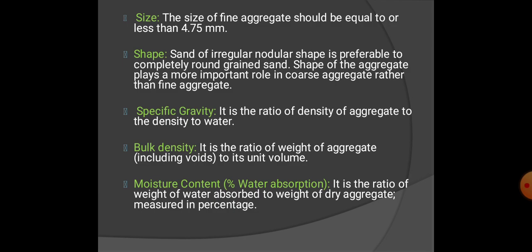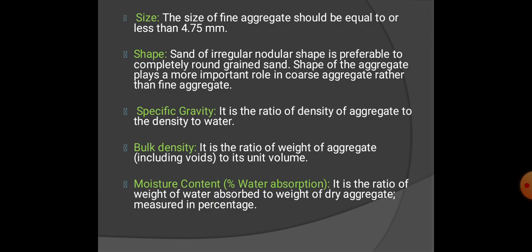That means this refers to the density of aggregate considered along with the volume of voids or empty space between the particles, in between two particles. So this density of sand falls between 70 kilonewton per meter cube to 25 kilonewton per meter cube.